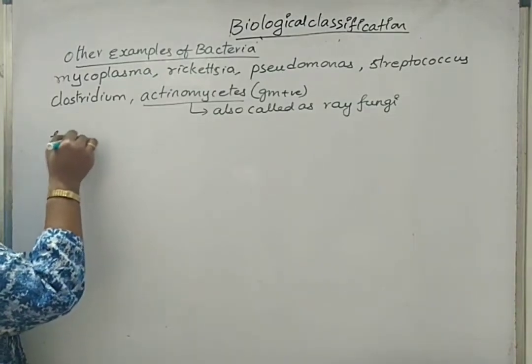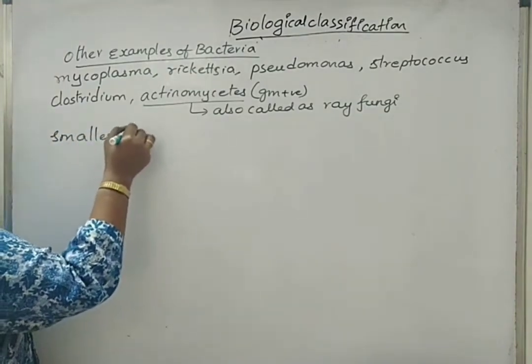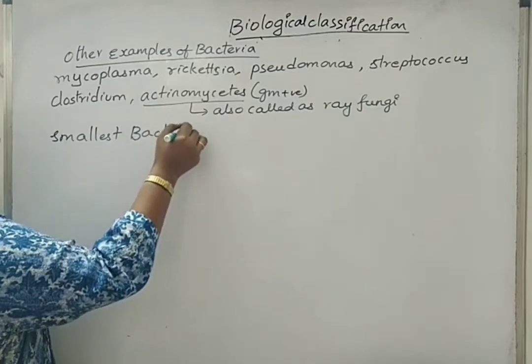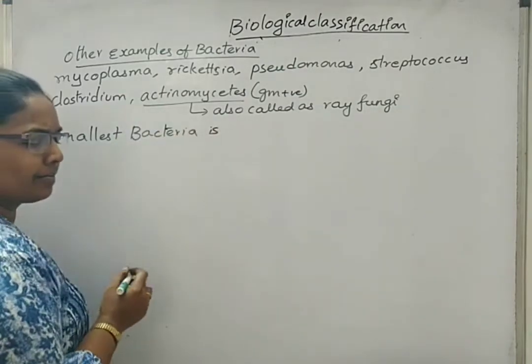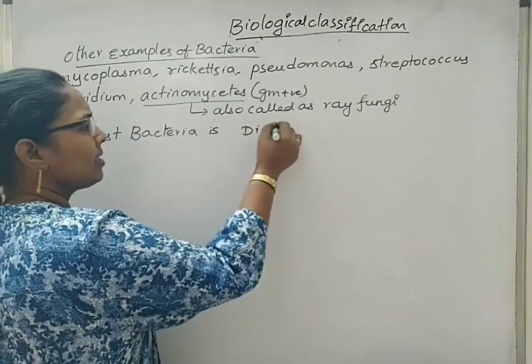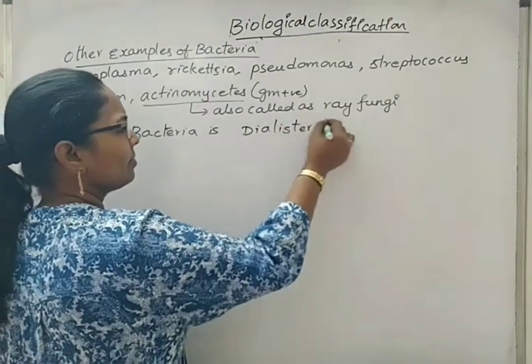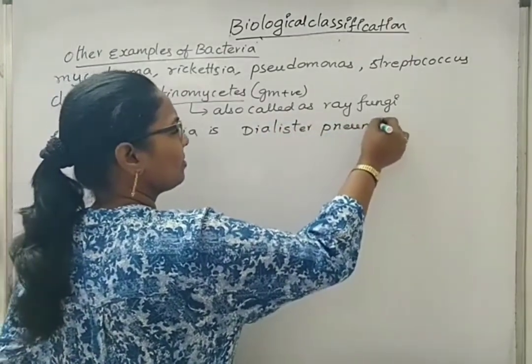The smallest bacteria is Dialister pneumosintes.